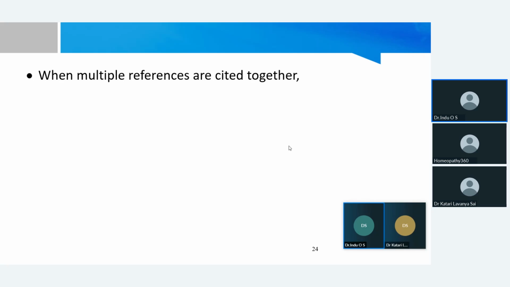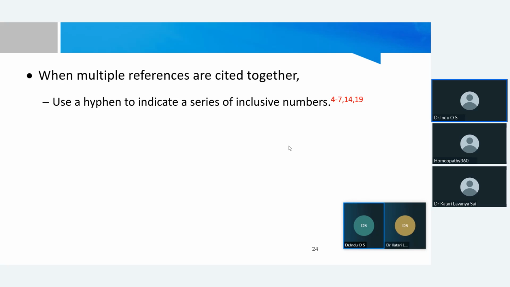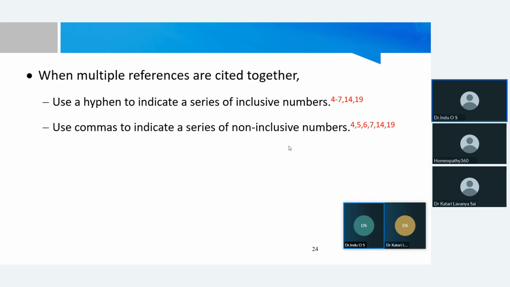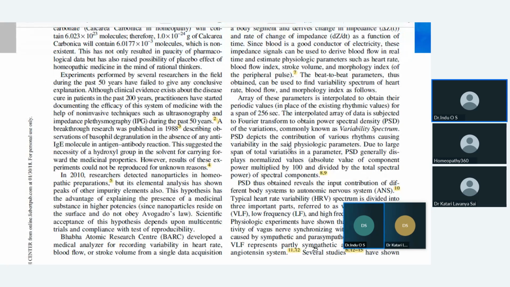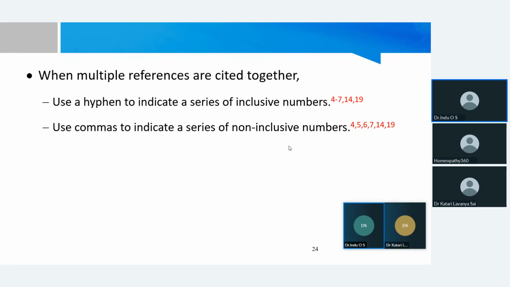Then reference numbers are generally placed outside the punctuation, that's why after the full stop we give the reference numbers. When multiple references are cited together, you can use the hyphen as I mentioned, 4 to 7, then comma 14, 19. Then you can use comma also. That's why 4 to 7 means it includes 4, 5, 6, 7.